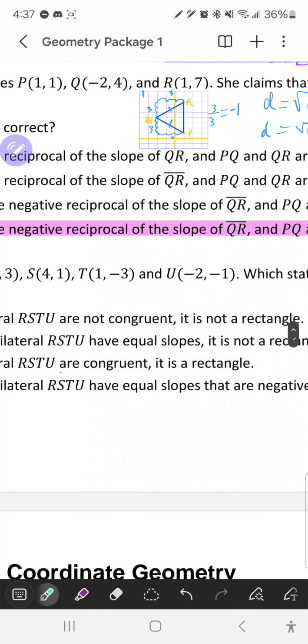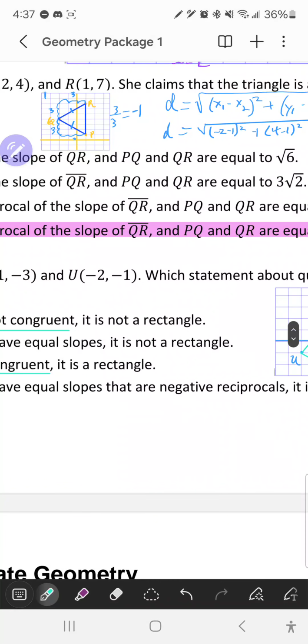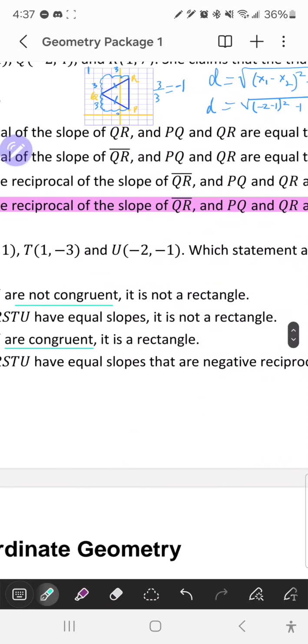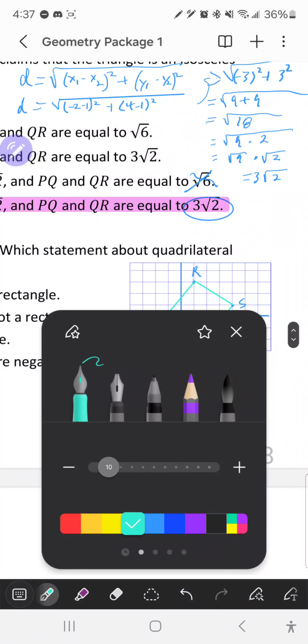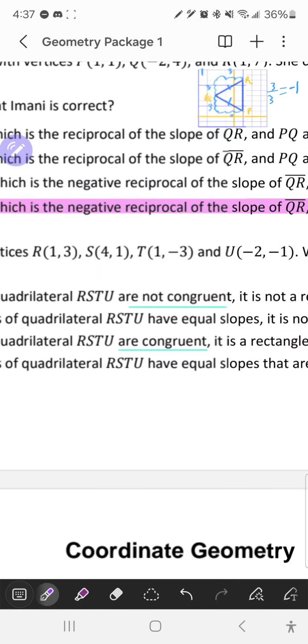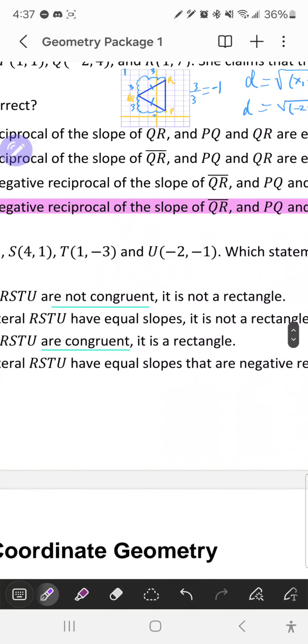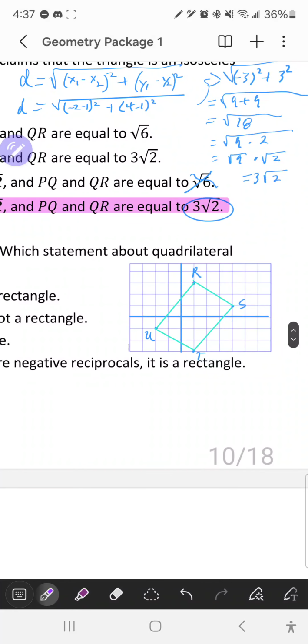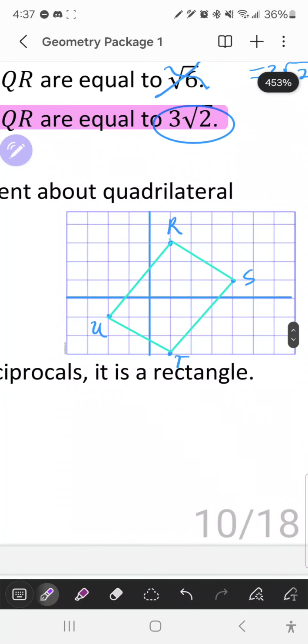They say that they are congruent, and we need to check whether they are or not. So the diagonal here is going to be 1, 2, 3, 4, 5, 6. So this is going to be 6, or RT equals 6.